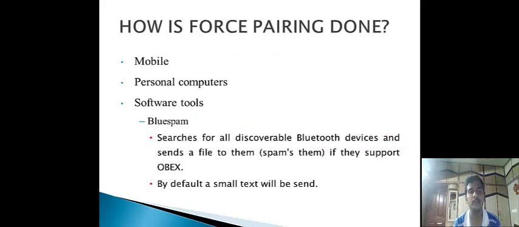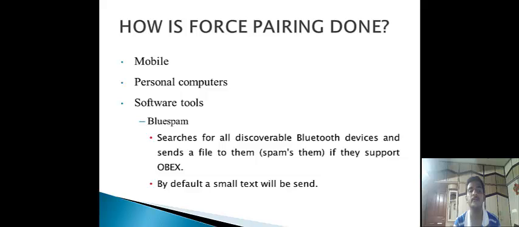So as we understand the basics of the force pairing technologies, now let's see how force pairing is done and what are the devices and software used to do this. Hackers do force pairing using mobile devices and personal computers, and these are the software tools used.